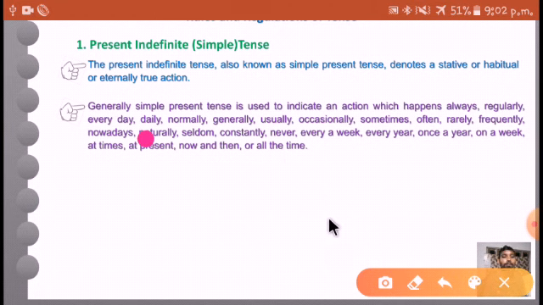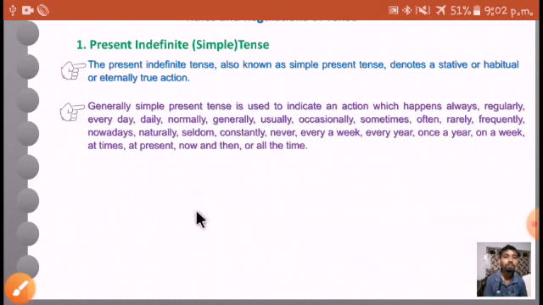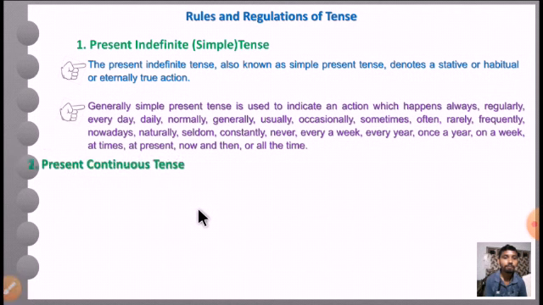These are the words that can be used with simple present tense. If it means every year, you have to use simple present tense. Understood? So let's come to the next point, that is present continuous tense.